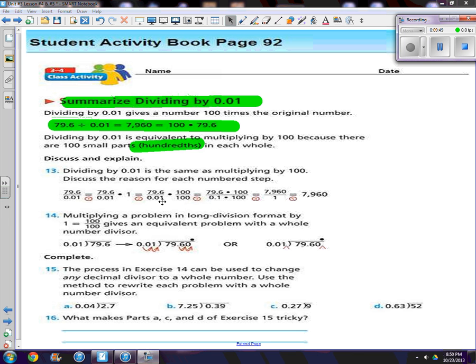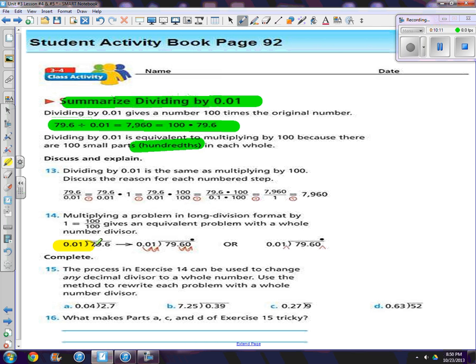All right, so where was I? 79.6 over 0.01 times 100 over 100, 79.6 times 100 over 0.1 times 100 is 7,960 over 1, which is 7,960. Okay? Looking at this in problem 14, you have 0.01 in the 79.6. You move the decimal 2 places to the right, and you move the decimal 2 places to the right. So if you look at the final here, you would have 1 into 7,960.